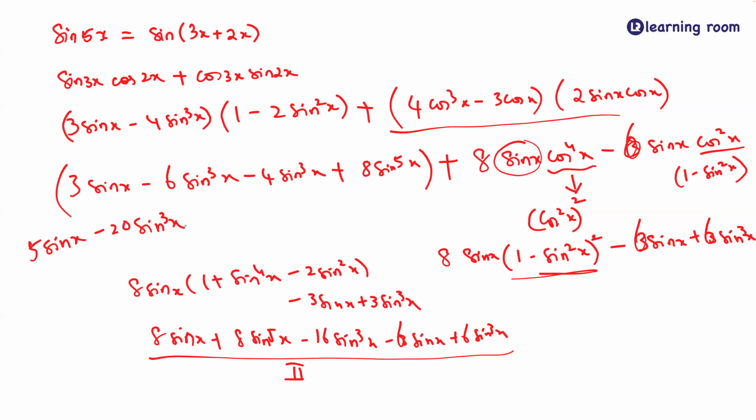Okay. Look for the coefficient of sin power 5x: 8 plus 8. That's it. That's the expression they asked for: 5 sin x minus 20 sin cube x plus 16 sin power 5x.